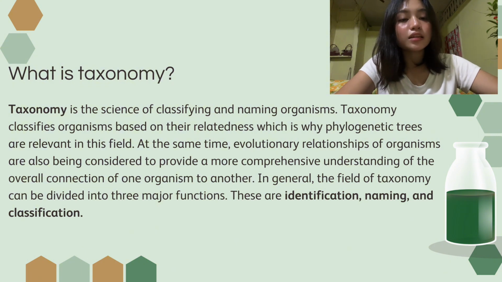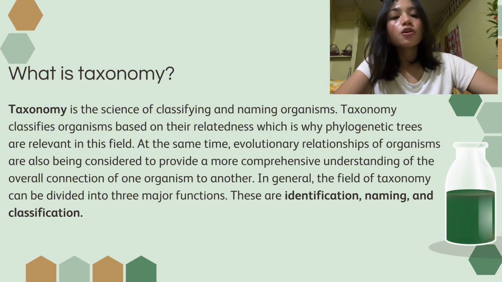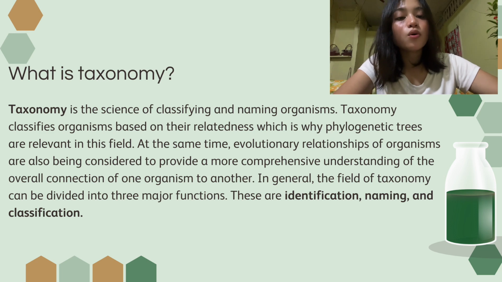And lastly, the classification. Organisms are grouped into a hierarchical system from the broadest category, which is the domain or kingdom, down to the most specific, or species. Example, dogs belong to kingdom Animalia, phylum Chordata, class Mammalia, and so on until their specific species.